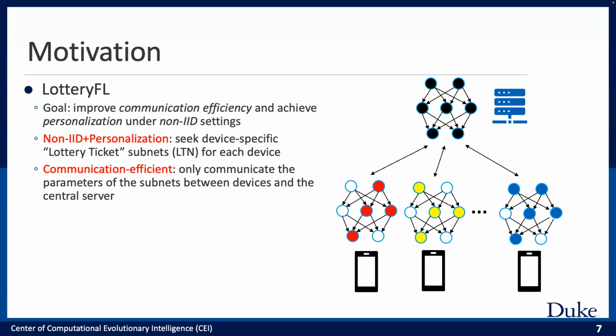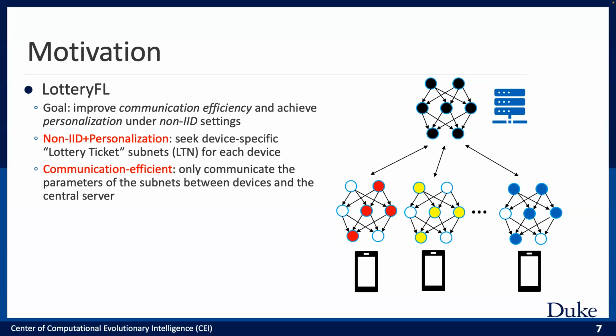Because it handles the non-IID setup: we have different data distributions, which are represented as different lottery ticket networks. It also handles personalization, because the different data properties are represented as different subsets of the network. And because we don't need to transfer all the parameters of the whole neural network, we improve communication efficiency by transferring fewer parameters, as we show here.